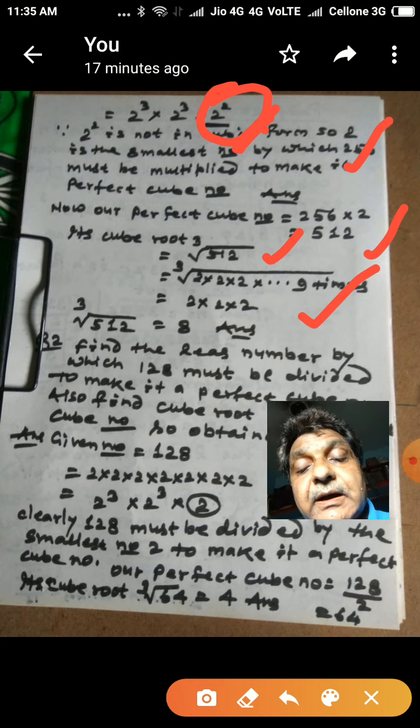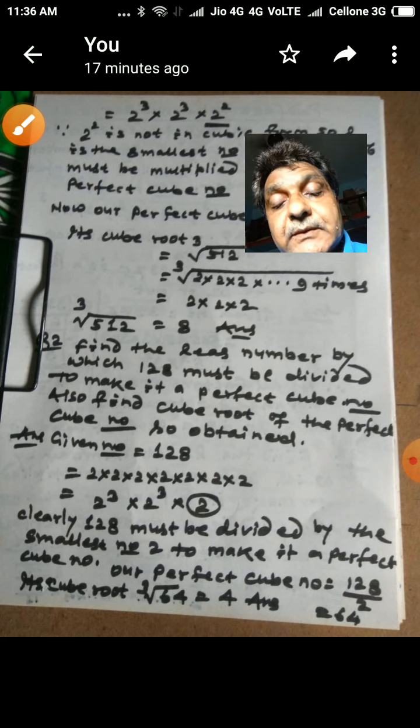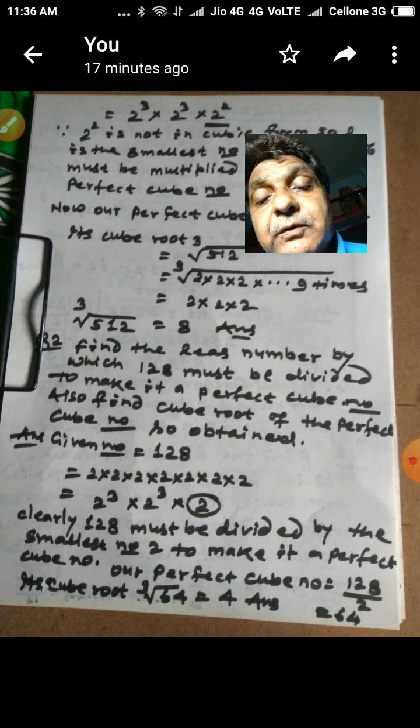Now we will take another question of similar type, where the given number is asked to be divided by a smallest number to make it a perfect cube, and then again to find the cube root of the perfect cube so obtained.